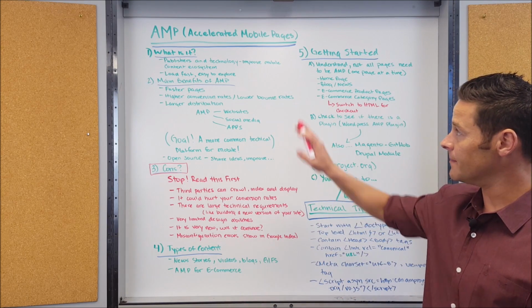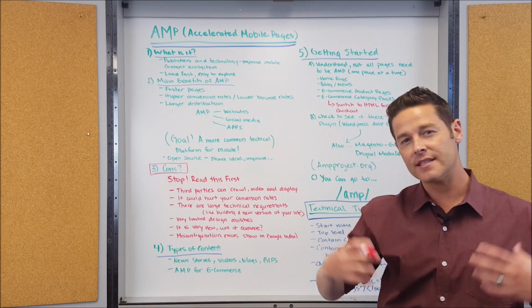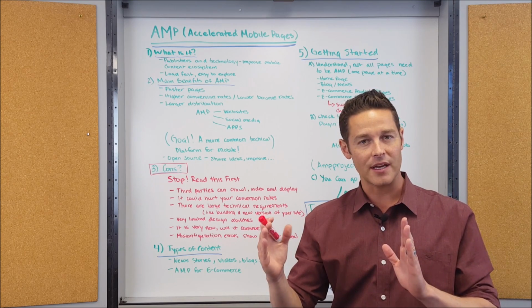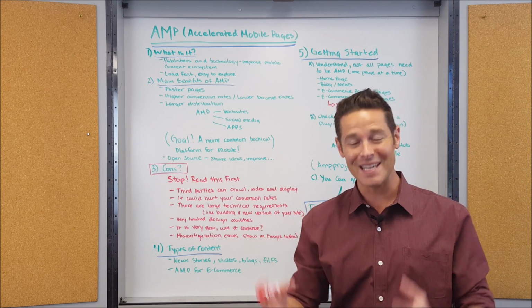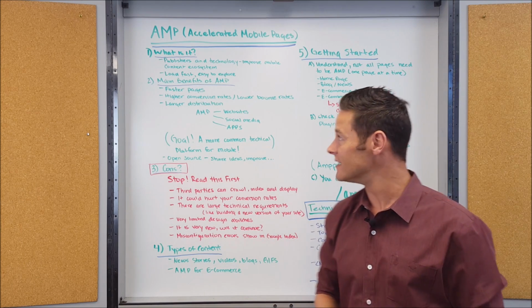So really the main thing that it does is it allows pages to load faster and makes it easier for them to explore as well. And if you've ever seen an AMP page, you'll see that it's a very, very simple looking page, about the most basic page that you're going to see on a mobile device.